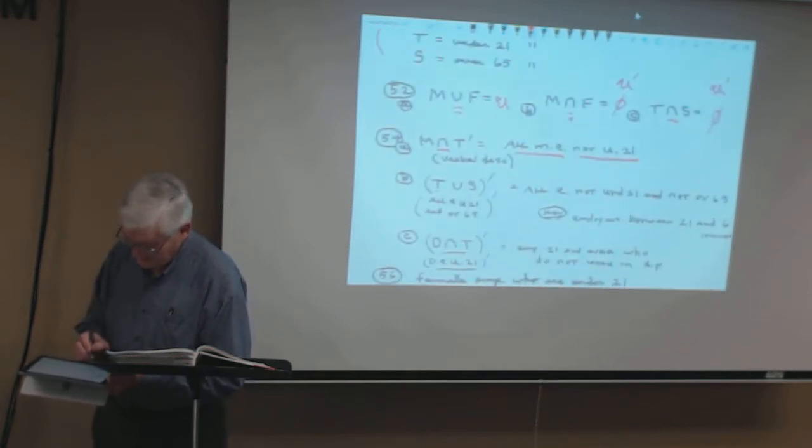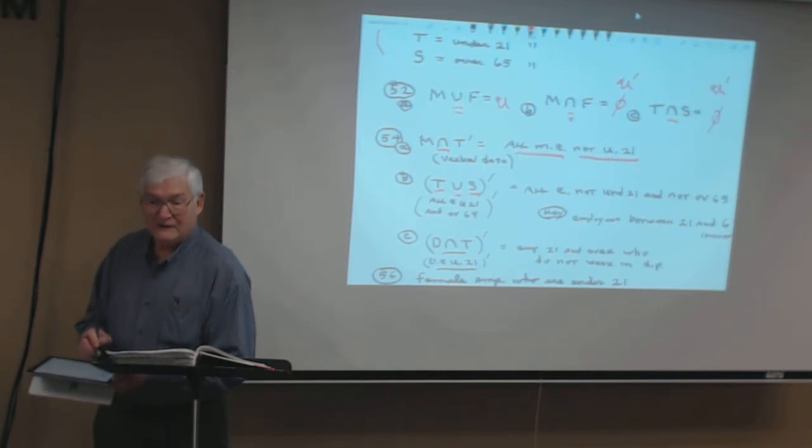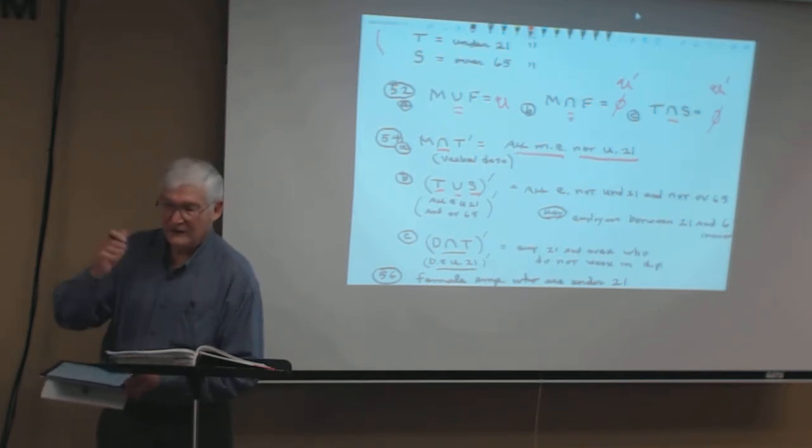What about T and S, the union of those two? Well, T would be all the employees under 21. S is all the employees over 65. So here's under 21, over 65.